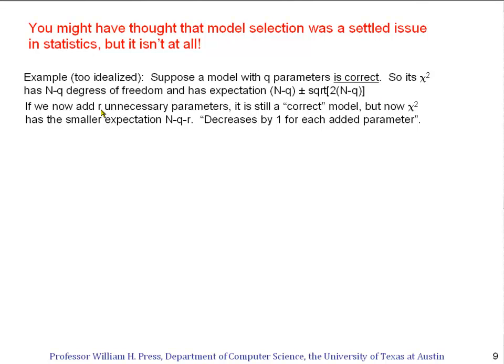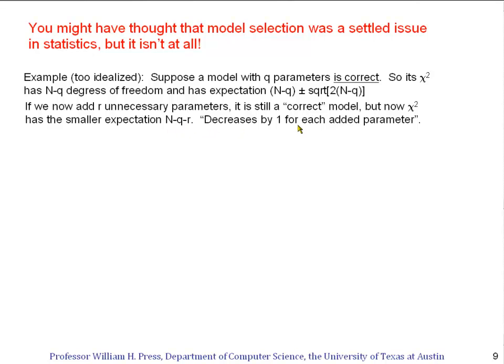Now suppose I add an additional r unnecessary parameters. Well, this is still a correct model. The fact that the parameters are unnecessary doesn't spoil the model, because I still have the q correct parameters in the model. But chi-square is going to decrease, because now the number of degrees of freedom is n minus q minus r.